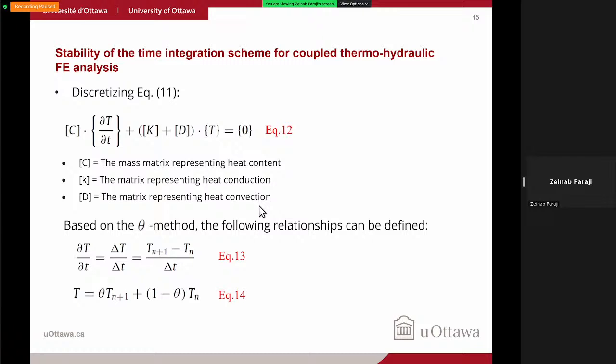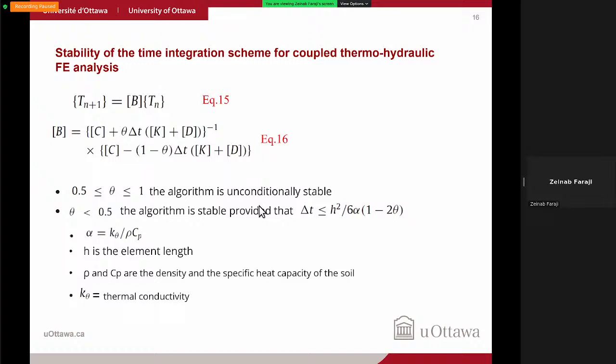And if we put equations 13 and 14, the modulus of the matrix should be calculated with equation number 16, and the modulus of the value of matrix B should be less than or equal to 1 to be sure of the stability of the time integration scheme.